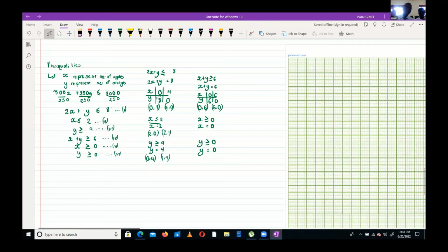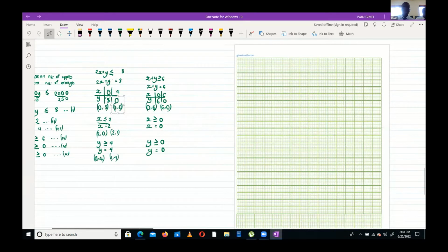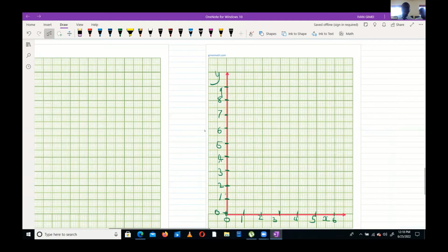So with the first one, that's 2x plus y is less than or equal to 8. That's 0, 8, and 4, 0. So 0, 8 is here. This is 4, 0.